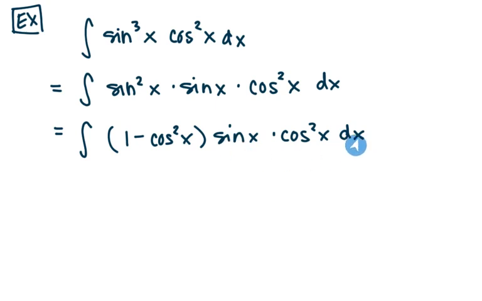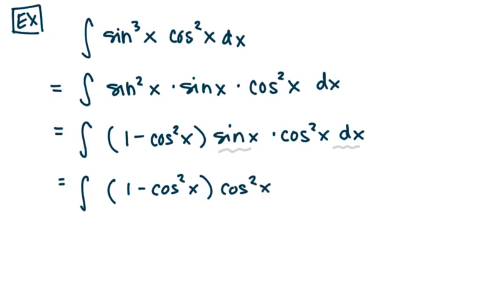So sine x dx is going to equal negative d cosine x. So I've got my integral here, 1 minus cosine squared x times cosine squared x, and then I have negative d cosine x.